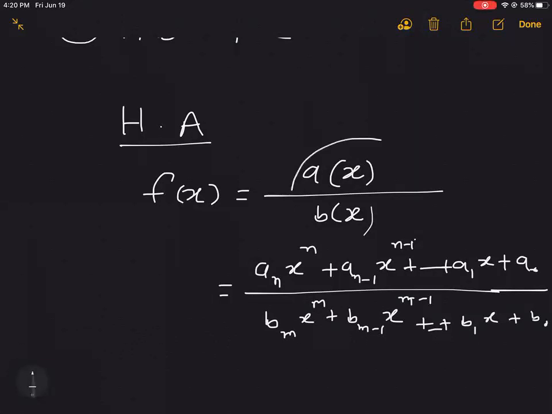So we already know this, but I'm just rewriting it in the polynomial form, simply because we'll actually need the values of m and n, the degree of each polynomial. Okay, let's start.